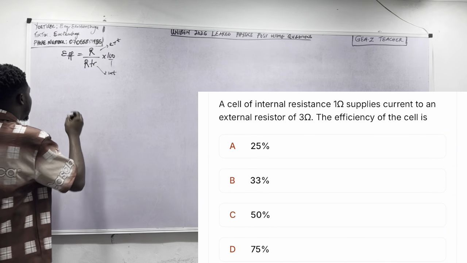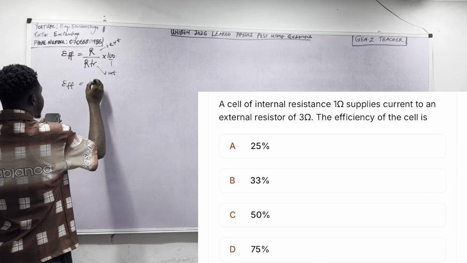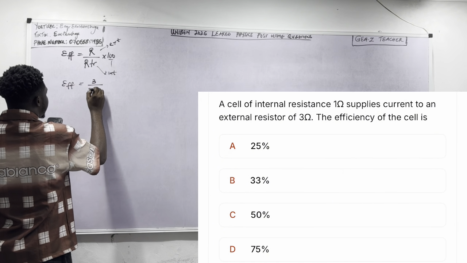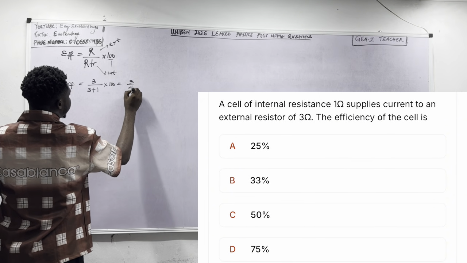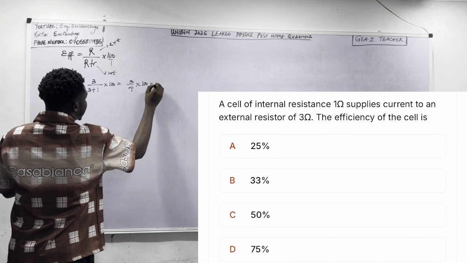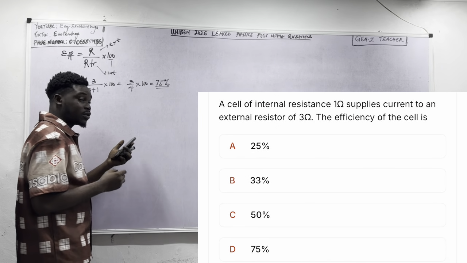From the question, efficiency is 3 over 3 plus 1, times 100, which gives 3 over 4 times 100, and that is 75% as the answer.